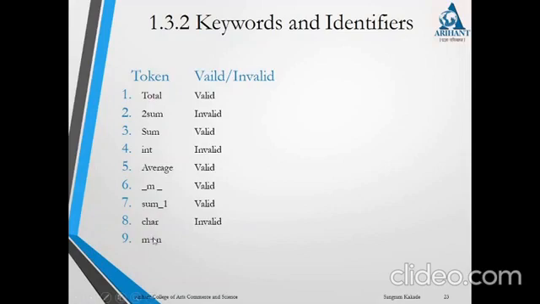Only underscore is valid in an identifier, so it is invalid because they have used a plus sign between characters. Basically, it is an expression with two operands and an operator in between. It is invalid. So that is regarding the identifiers.